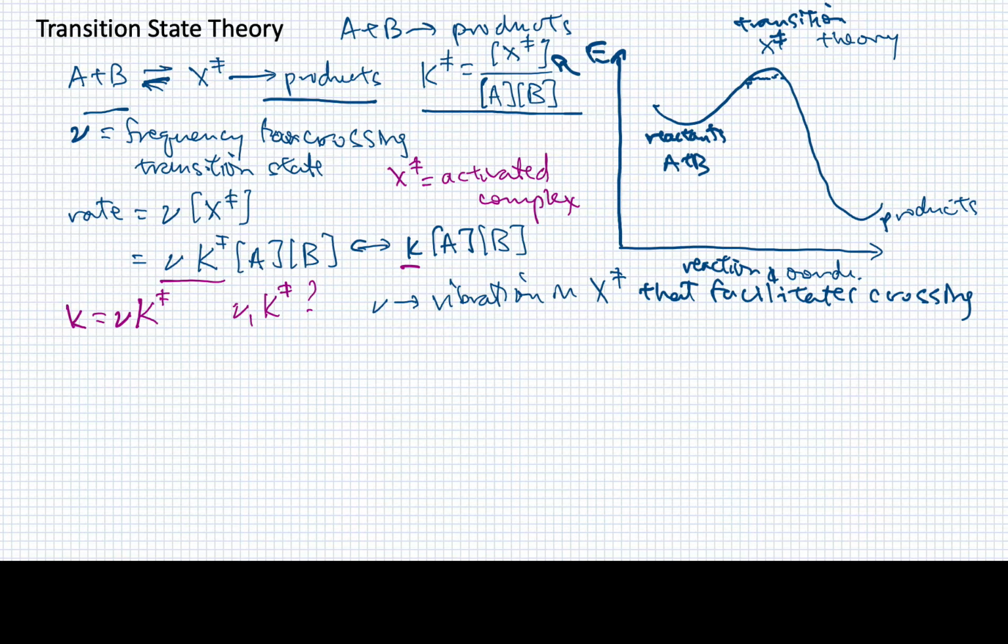Okay, so there's one coordinate, say, that does that, and we're inherently assuming that it's a vibration, but that is probably a reasonable assumption. Now, how would we get a handle on this value of nu?